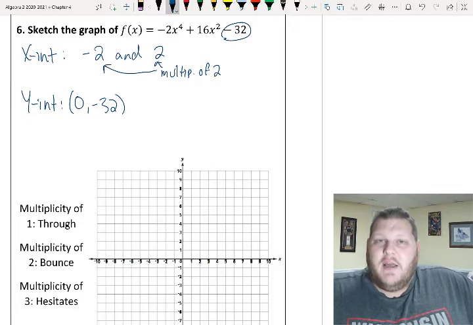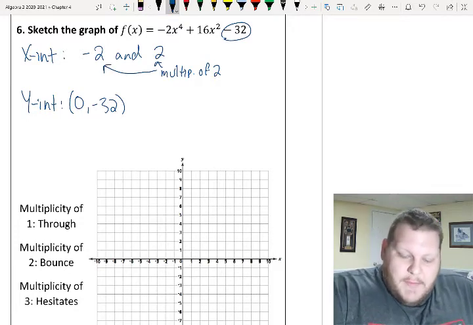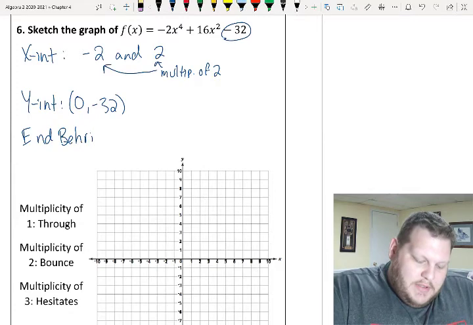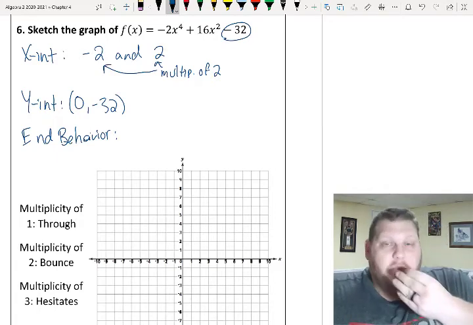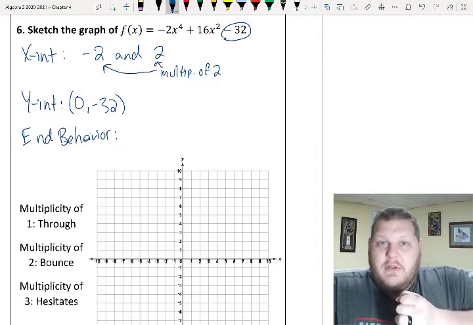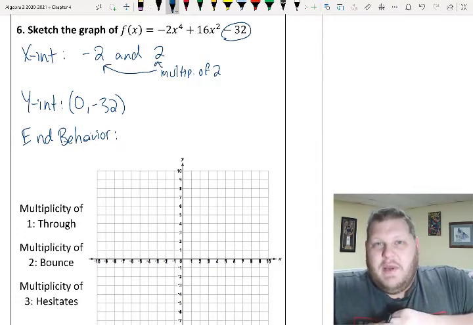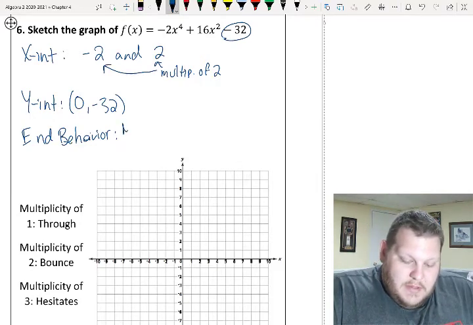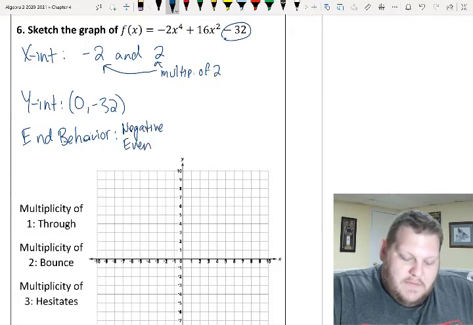And then our last thing that we've talked about, again, I've kind of referenced this, but we talked about end behavior back in the first section of this chapter, back in 4.1. So in this case, my function, remember the two things that determine that end behavior were the degree, whether it was an even degree or an odd degree, and whether that leading coefficient was positive or negative. So in this one that we're looking at, it is negative and even.